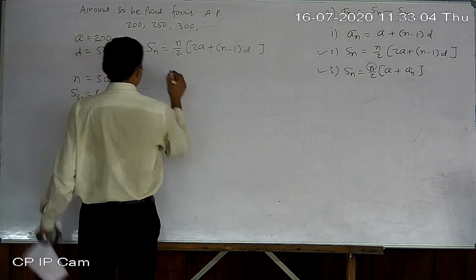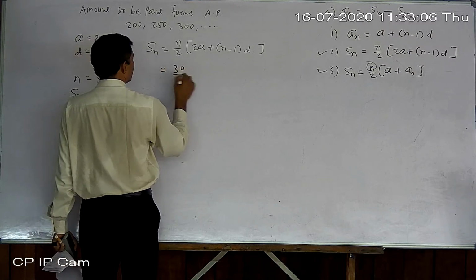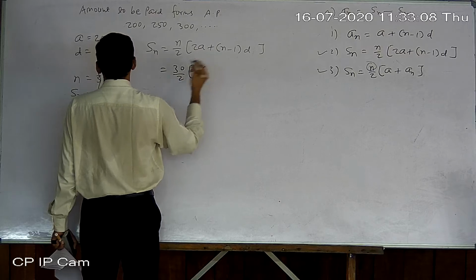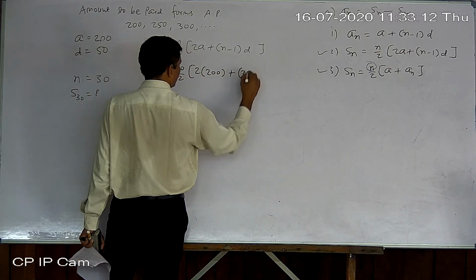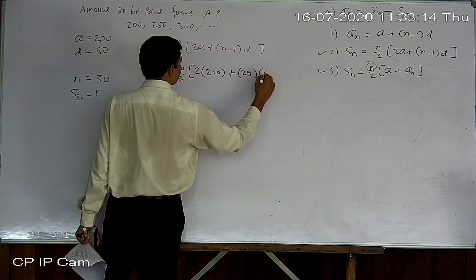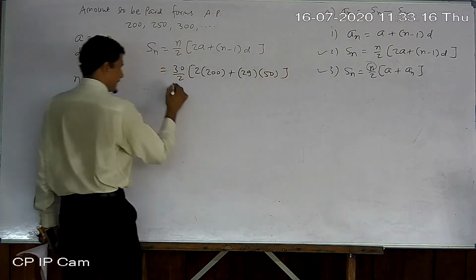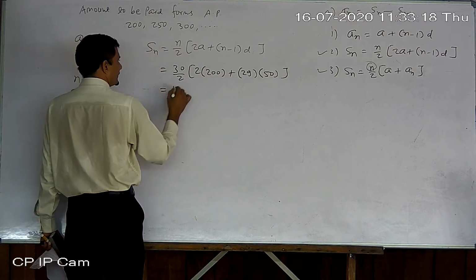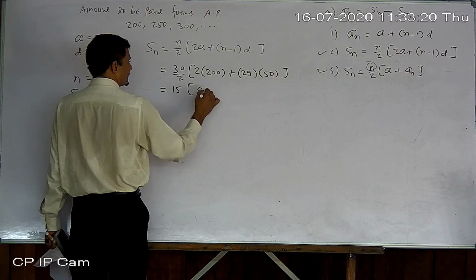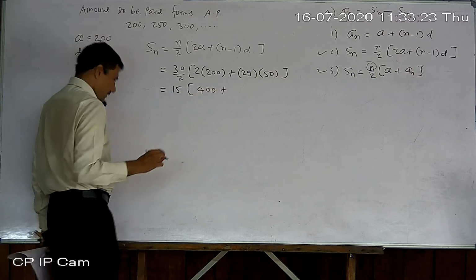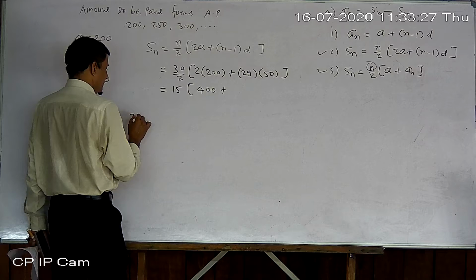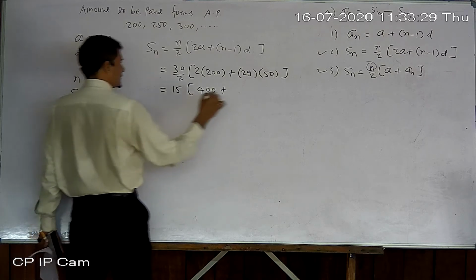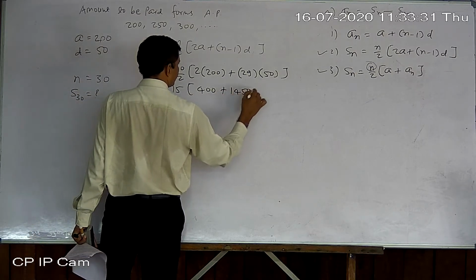N is given, 30, divided by 2, 2 into a, which is given 200, 30 minus 1, 29, and d is 50. 30 divided by 2 is 15. 2 times 200 is 400 plus 29 into 50, so it will be 2900 half, so 1450.